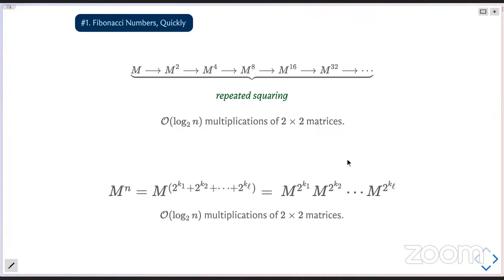So you have log n many multiplications that go across the board, but each of the ki's is also going to be no bigger than log n. So each of those individual matrix products will also take at most log n multiplications to compute. So overall, we manage this with only log n many 2x2 matrix multiplication operations.